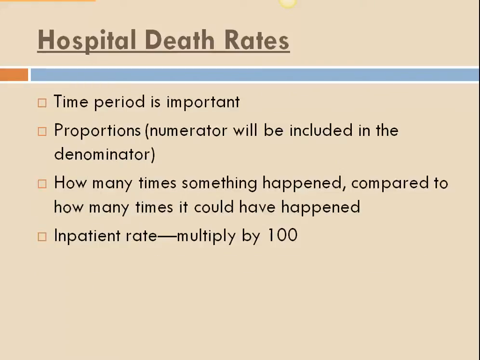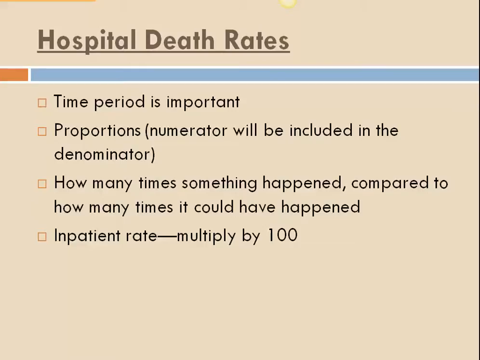Since we're talking about rates, the time period is important because remember that rates refer to how frequently something happens. So you'll want to be sure that when you're given information that you're looking for what time frame you are being asked to calculate things for, and then is your numerator in the same time format as your denominator.